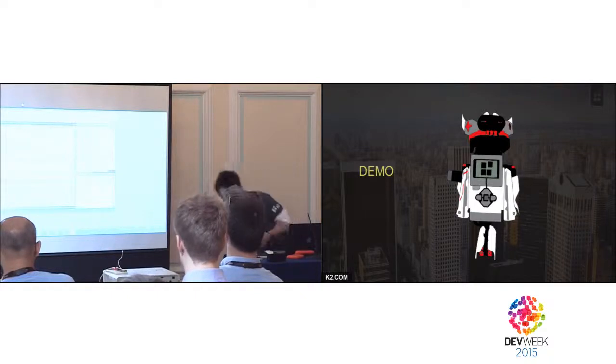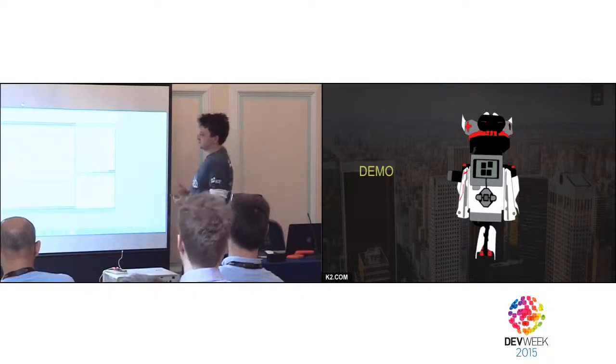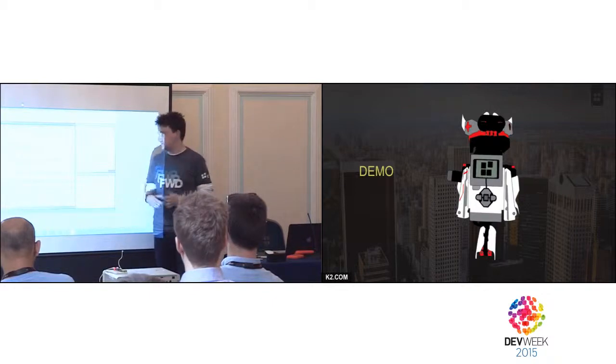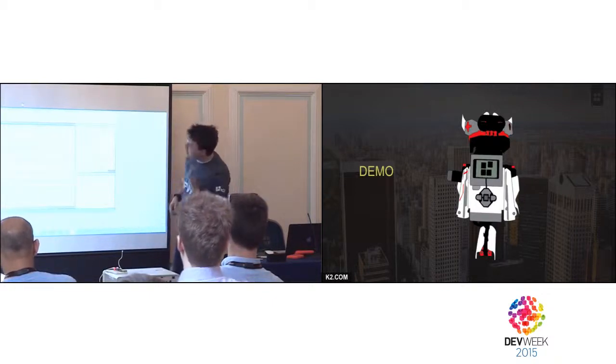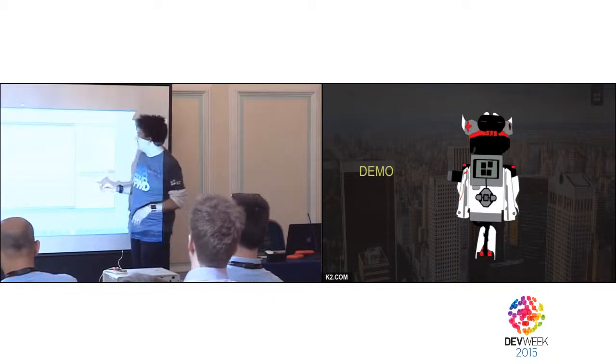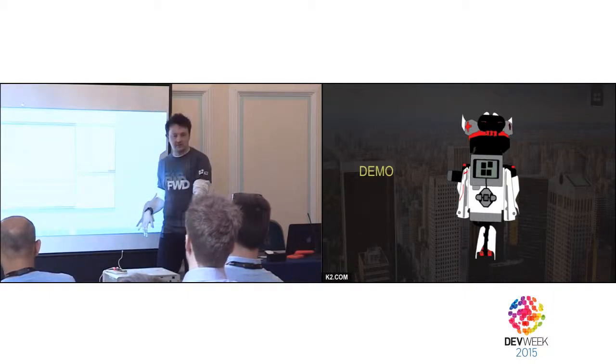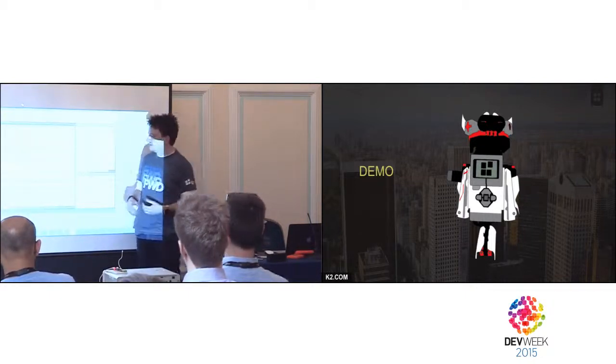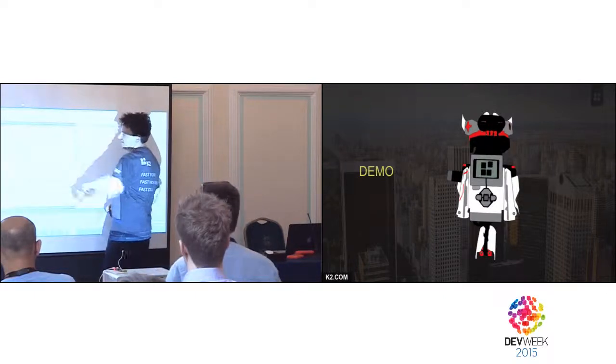Okay, so the way K2 works is that we've got this ability to talk to endpoint assemblies, so basically class libraries. And what I have here is a class library that's talking to the API of the Lego robot. All we do is basically make some public static methods.